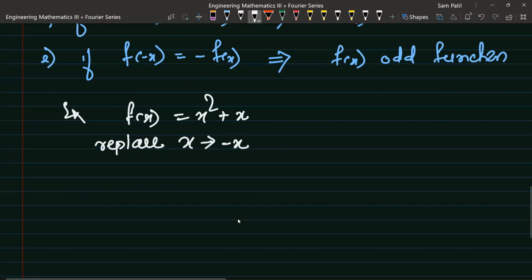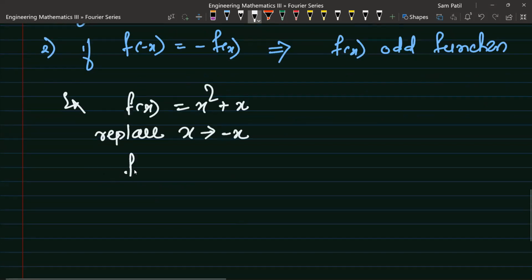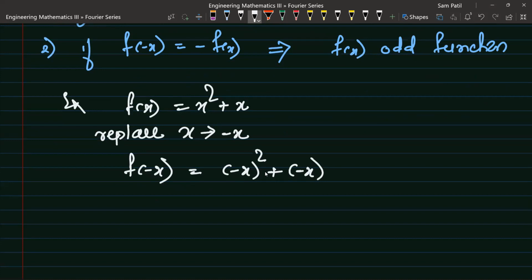So (−x)² is x², and the second term is −x. Minus plus becomes minus. Yes, sir. This is not our f(x). Am I right?